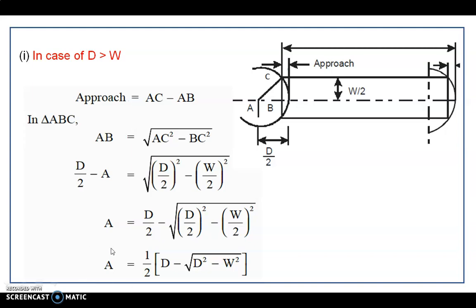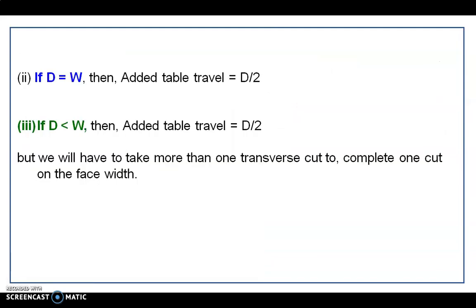So finally, we arrive at an equation for approach as half of D minus square root of D square minus W square. This is the approach distance, which holds good when the diameter of the cutter is more than the width of the workpiece.